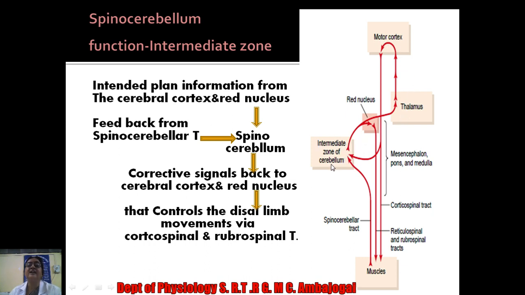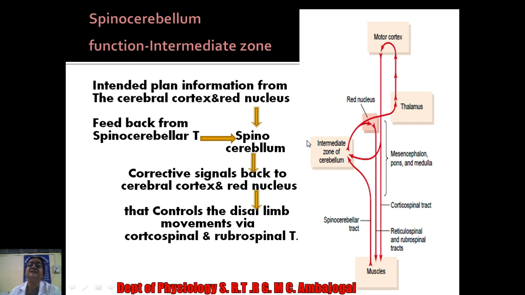Now the cerebellum compares. From the periphery, the cerebellum gets information: what is the position of the movement, what type of movement is going on, and what is the plan, or the command given by the higher center. It compares whether that command is sufficient or whether some change is required.